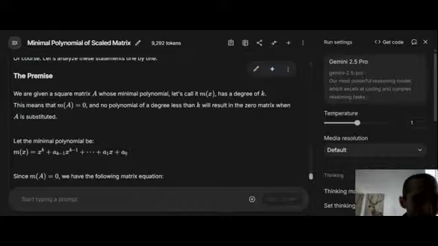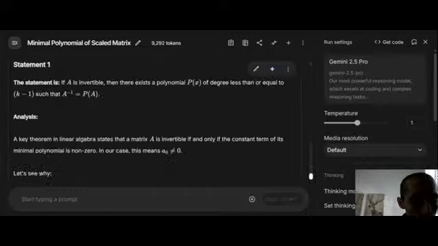Okay, so the idea now is to show you, for an invertible matrix, let's call it A, how we can find the formula for the inverse. Namely, we see that in the end we'll get to this: the inverse of a matrix equals minus 1 divided by a0, which is the constant in the minimal polynomial, times this. And this is a formula for the inverse, derived from the minimal polynomial.